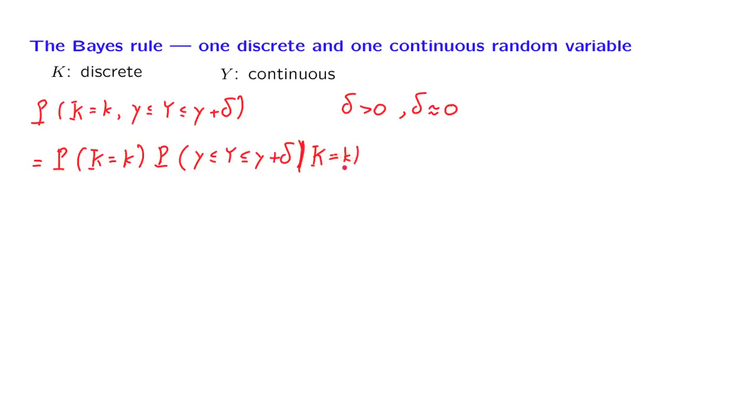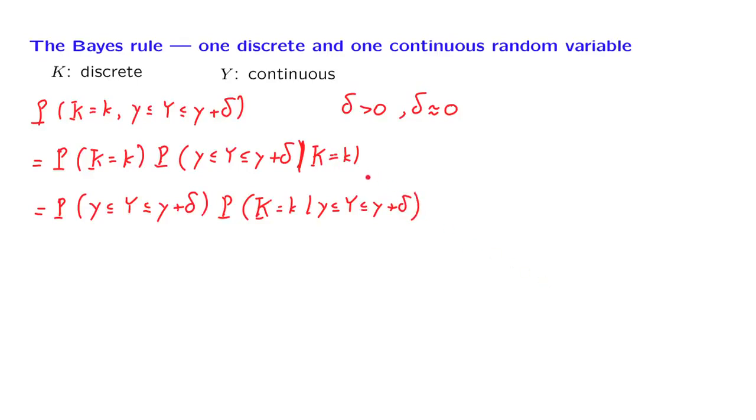But we know that we can use the multiplication rule in any order, so the probability of two events happening can also be written as the probability that the second event occurs times the conditional probability that the first event occurs, given that the second event has occurred. So these two expressions that we obtain from the multiplication rule have to be equal.